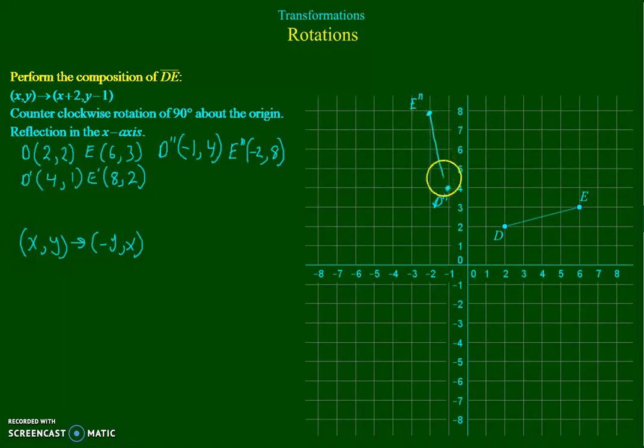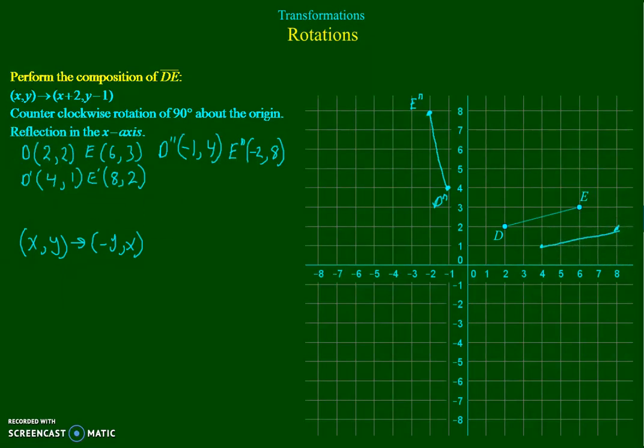And that is our new segment. And just for kicks, we can go ahead and write this translation. This is (4, 1) and (8, 2). So this was our translated point.